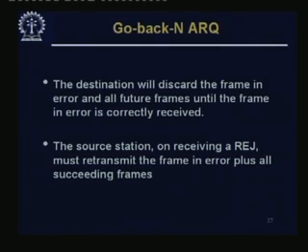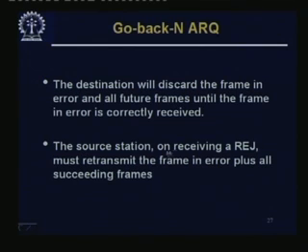The destination will discard the frame in error and all future frames until the frame in error is correctly received. So, even if the destination has got an erroneous frame, and it might have got a couple of later frames which may have come in, they are discarded, because until and unless the erroneous frame is correctly received, it will not move.